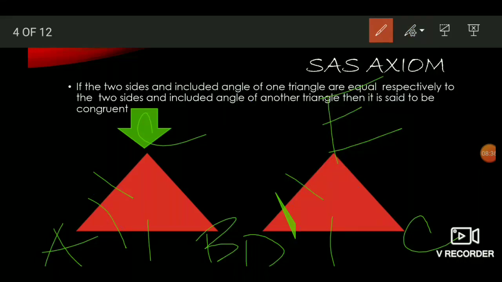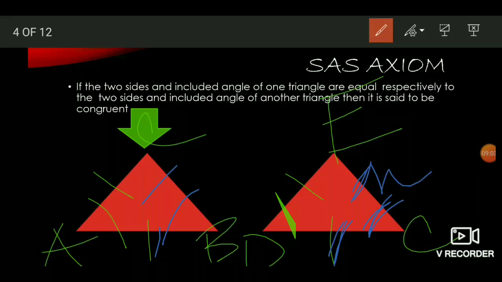You may ask whether we can take some other side. My answer is yes, but the angle should be the included angle, meaning the angle between the two sides in the triangle.